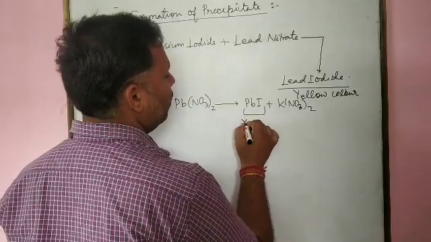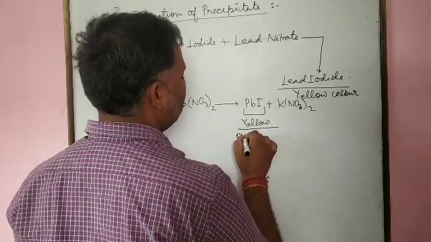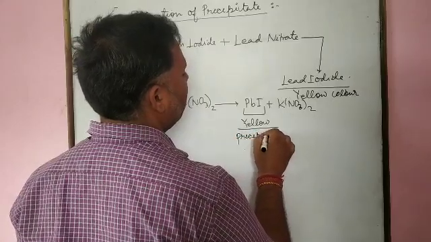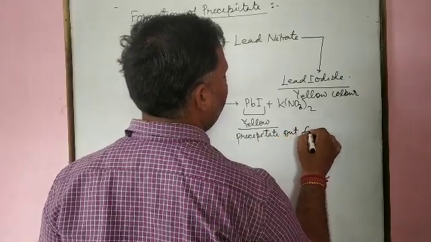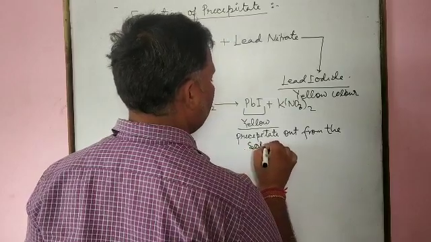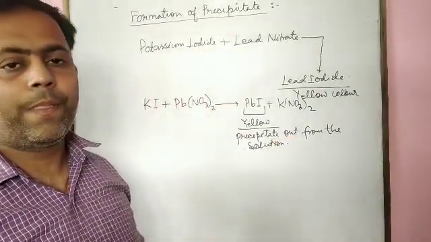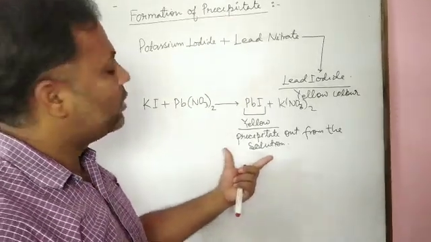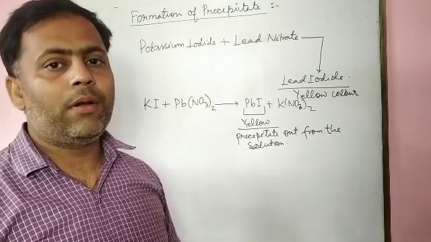This is yellow in color and it precipitates out from the solution. This is an example of a precipitation reaction.